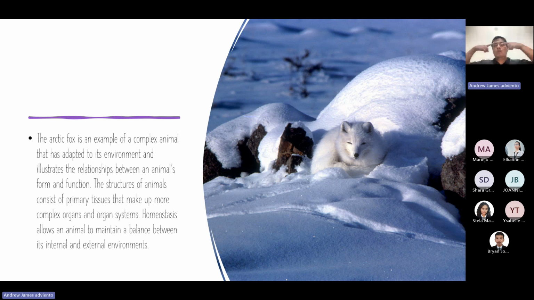It has double eyelashes to protect its eyes from the sun as well. The hoof of the camel is designed in a way that they won't sink. And then a lot of things.